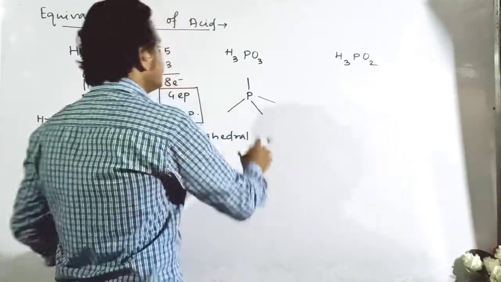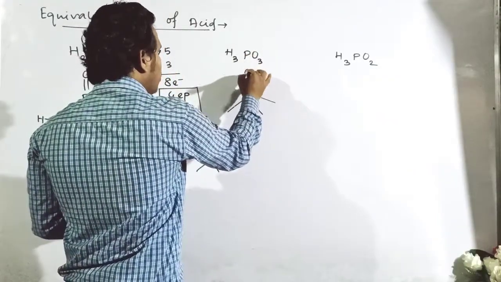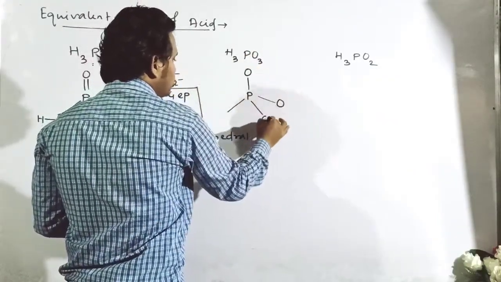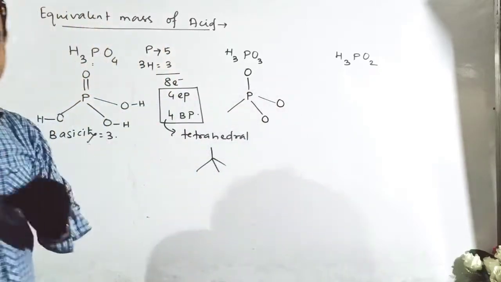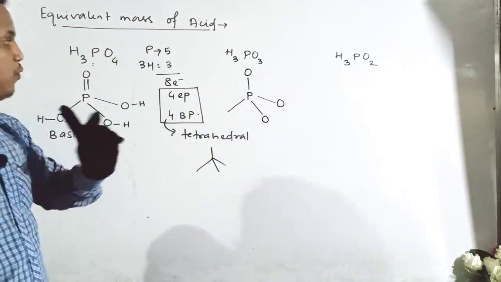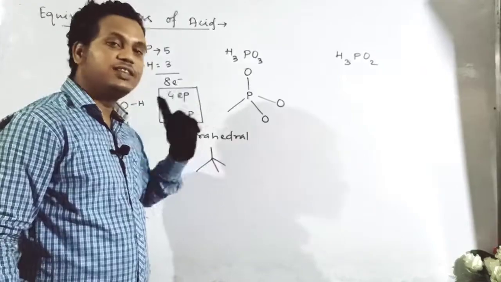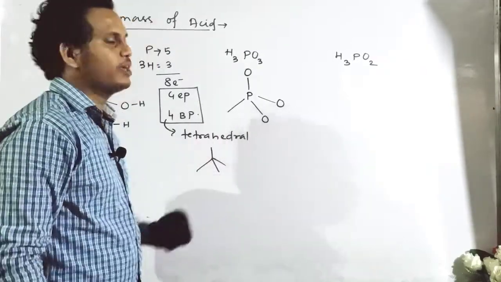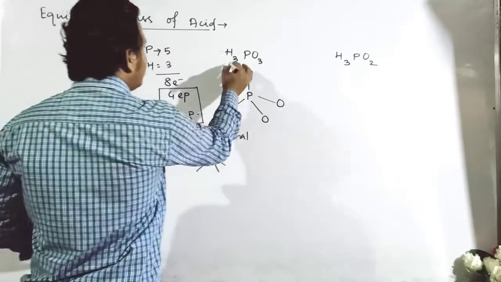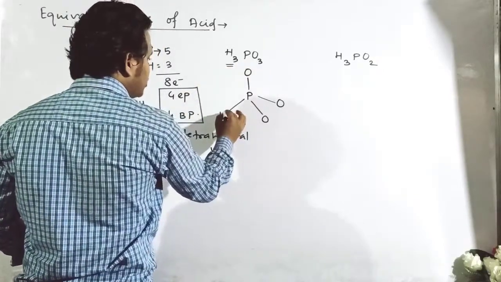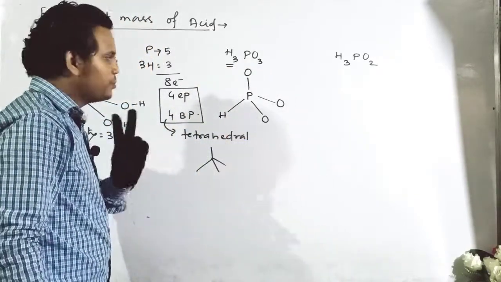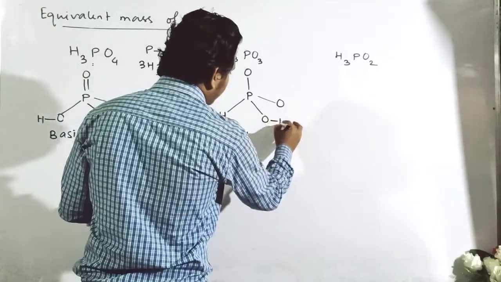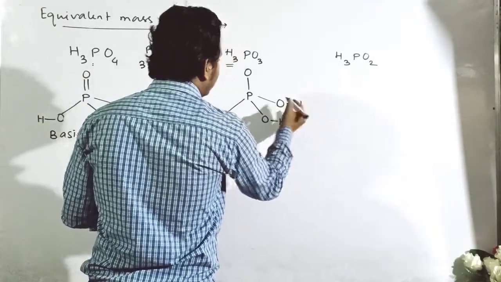How many oxygen are there? 1, 2, 3. Now one vacant space is there. First fill up this vacant space. How many hydrogen? 3. One hydrogen will go here. Remaining 2. So give 1 here, and nothing is there.